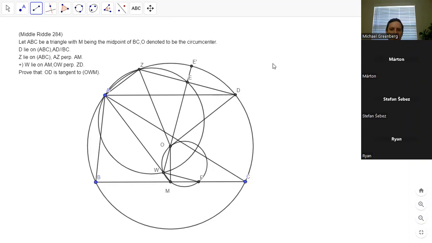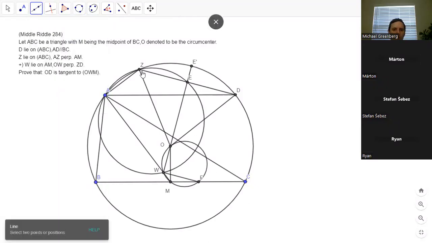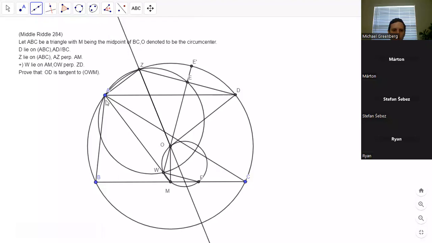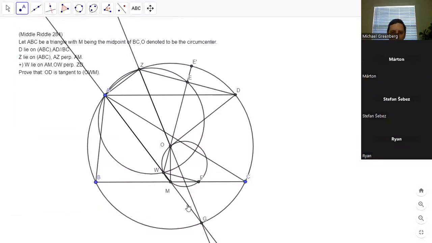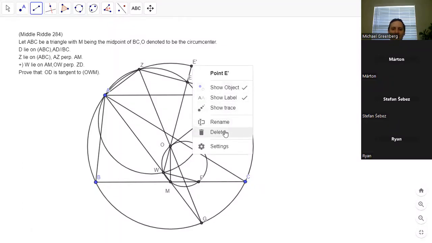Yeah, but then OZD is good because OZ and AM meet on the circumcircle. Oh. OZ and AM meet on the circumcircle because it's a right angle. Okay. That is a good point. And now we are clearly done because then GZD is equal to GAD is equal to AMB because of the parallelity. Ah, very nice. All right, so we've solved it.